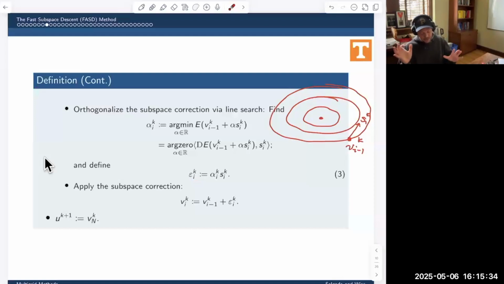Now, what do you do with a correction? We always do the same thing with a correction. Once you figure it out for a subspace, you're going to add it on to this previous best guess. This guy, remember, lives in the parent space. This lives in the subspace, so you're adding a subspace object onto something from the ambient space. Like we described last time, you could put an injection operator here.